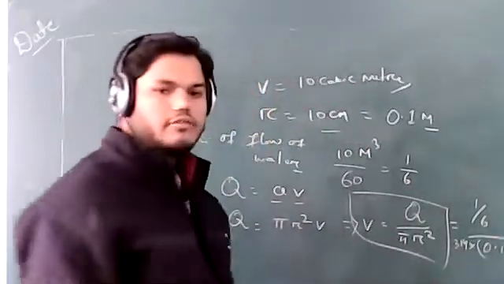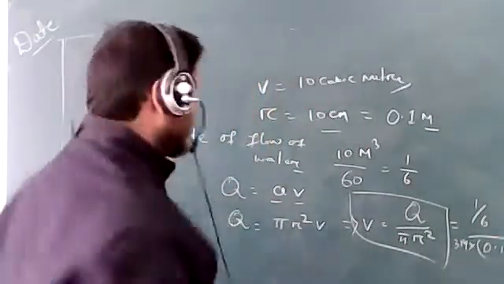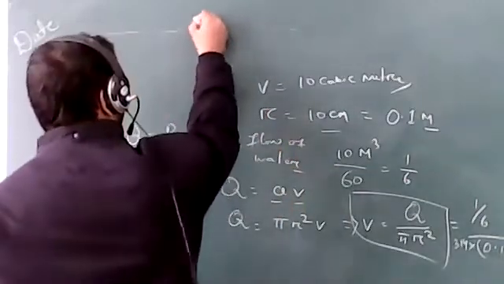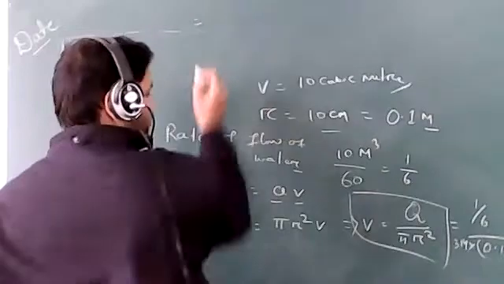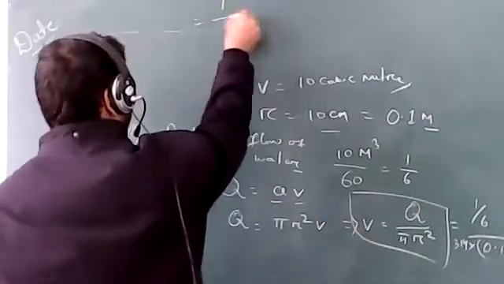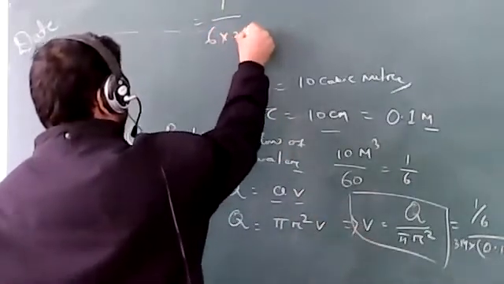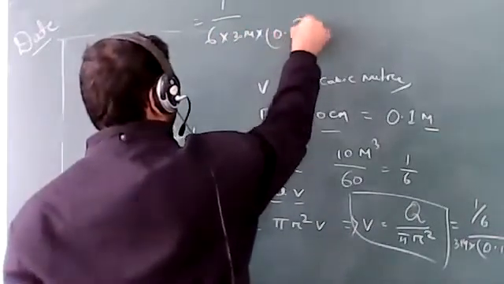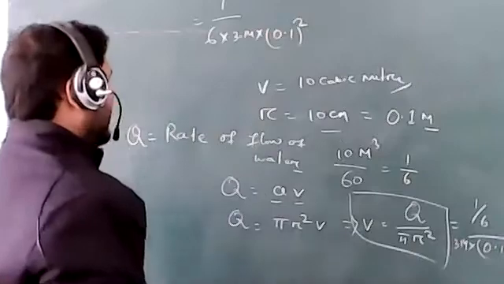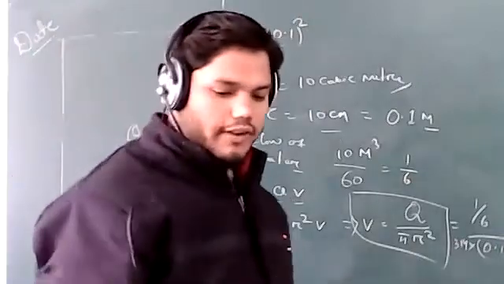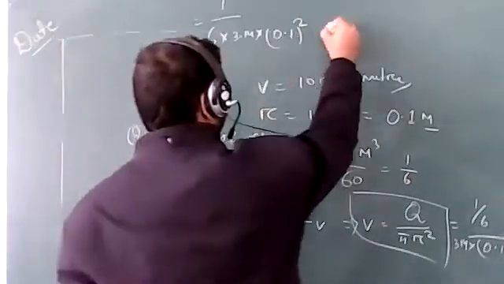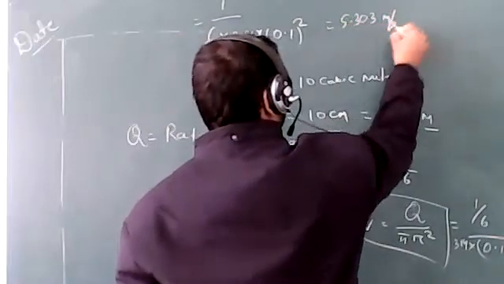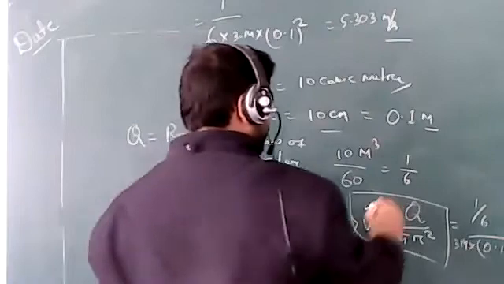Taking 6 as the denominator, it is 6 into 3.14 into 0.1 square. If you calculate this, the value comes to 5.303 meter per second. This is the velocity V of the water.